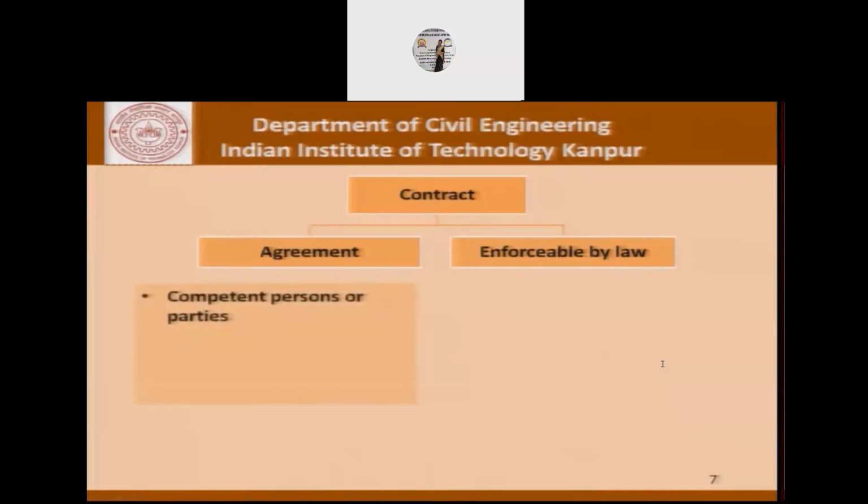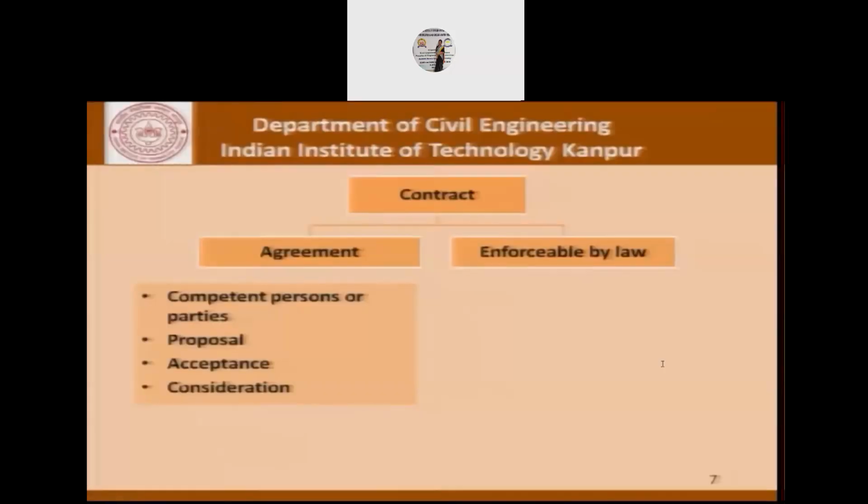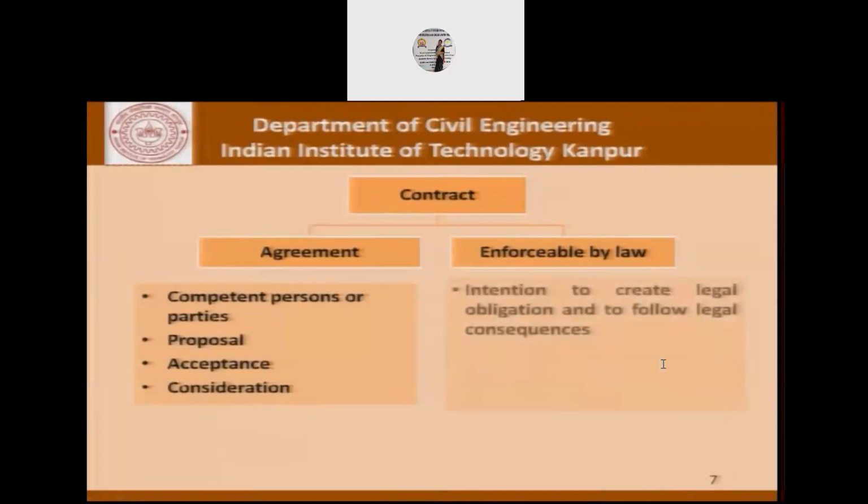So an agreement between parties has to have a proposal, an acceptance, and a consideration. Once it comes to enforceability by law, there has to be intention, obligation, and legal consequences when we enter into a contract.